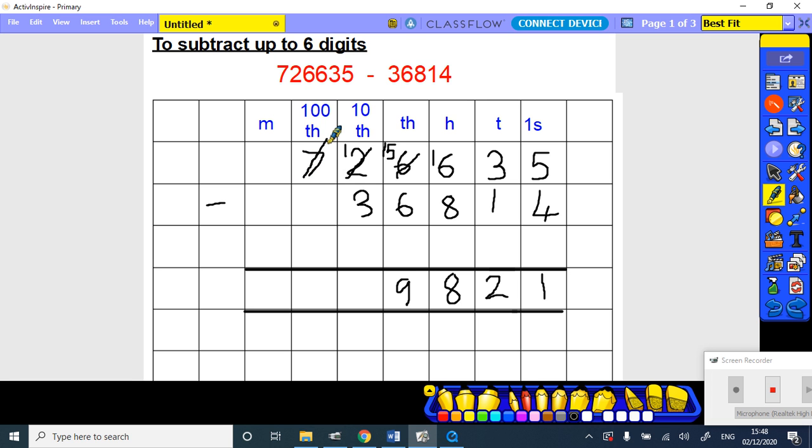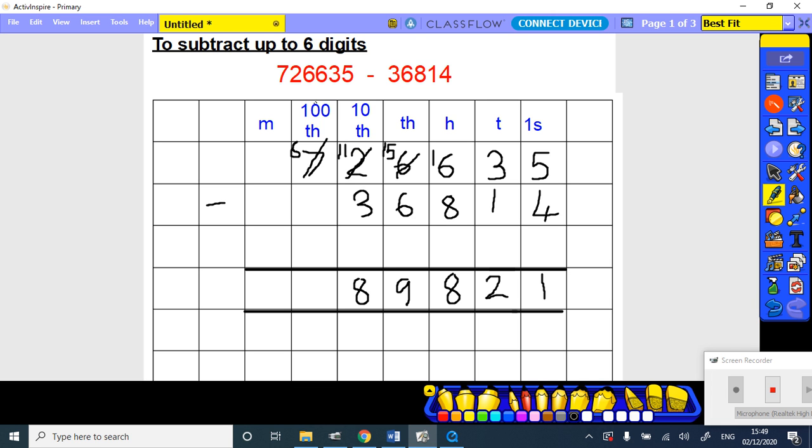If we're going to take one away, we are now left with 600,000s. The 100,000 that we are taking from here is equivalent to 10 lots of 10,000. So that 100,000 that we are taking goes in front of the 10,000 we already have to create 11 lots of 10,000. We can then do 11 10,000s, take away 3, which leaves us with 8 lots of 10,000.